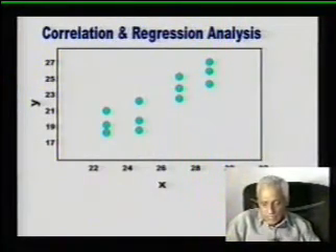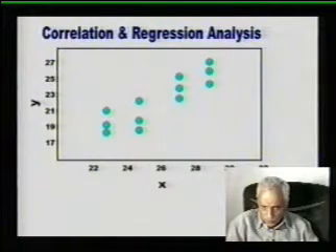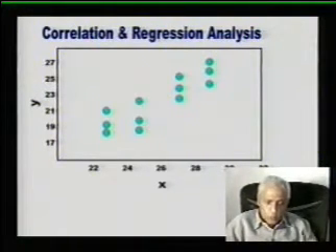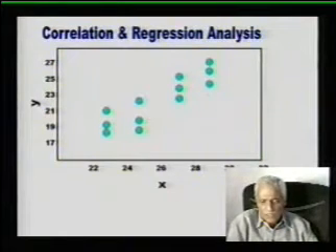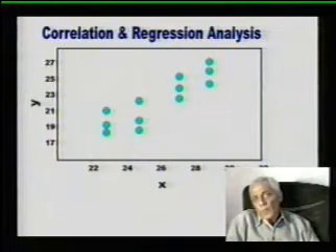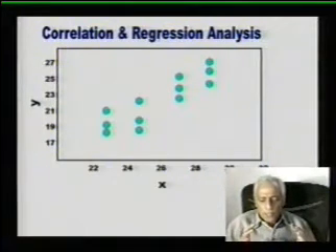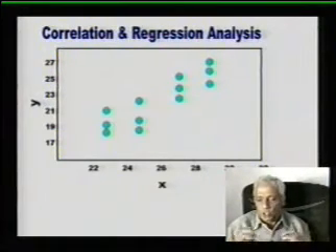Another aspect before we move on is we have to understand the difference between correlation and regression. And of course, we will understand that as we cover examples and proceed with this chapter. A correlation is merely a way to determine the strength of the relationship.